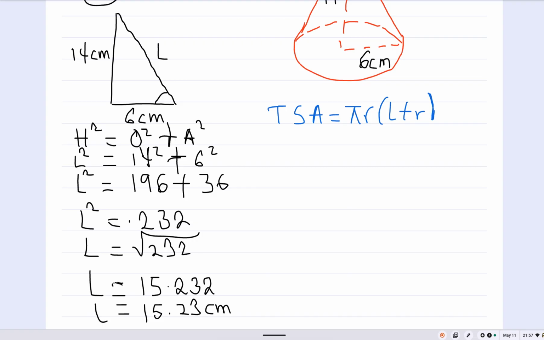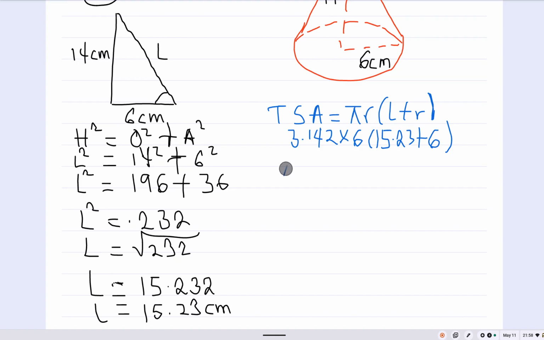So that will now give us pi, which is 3.142, multiplied by our r, which is 6, and then our L, which we've gotten here, 15.23 plus 6.